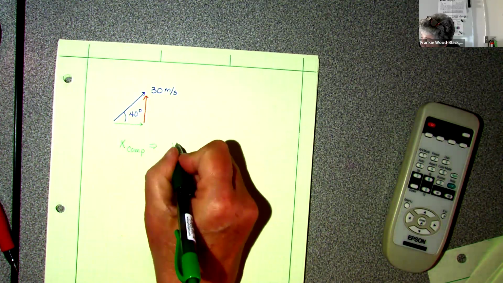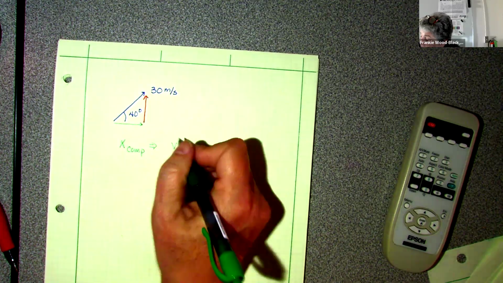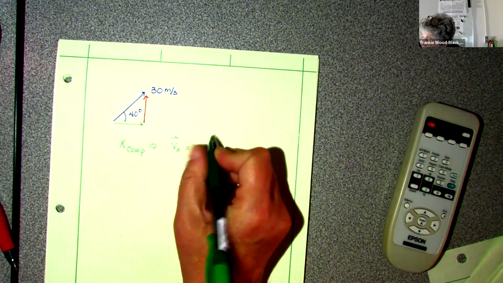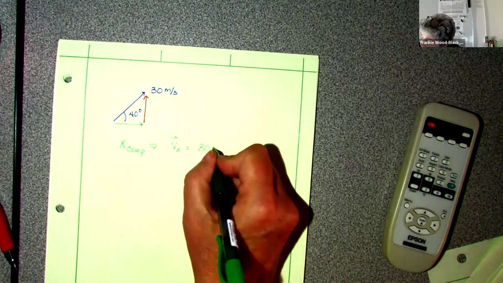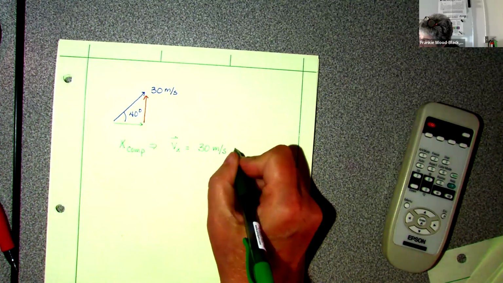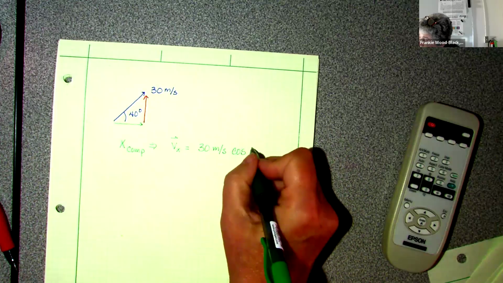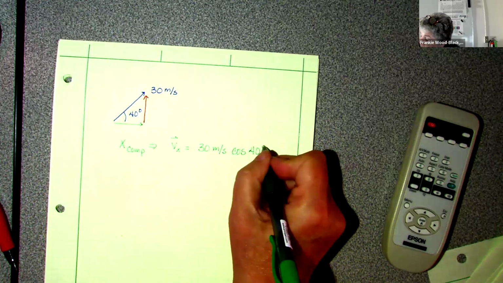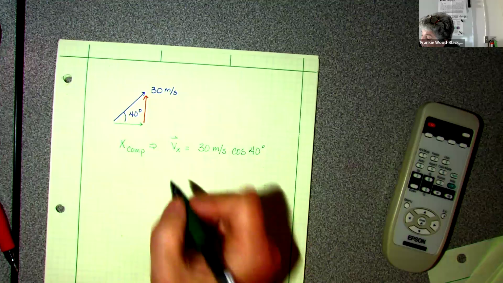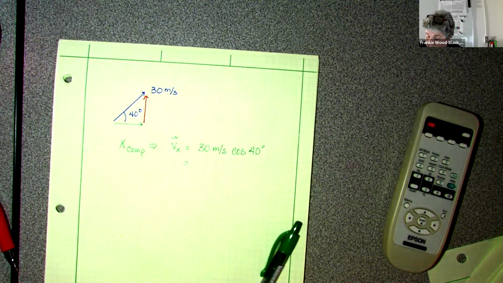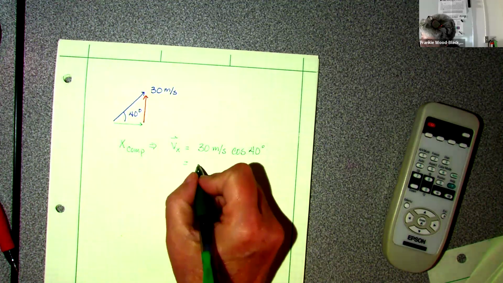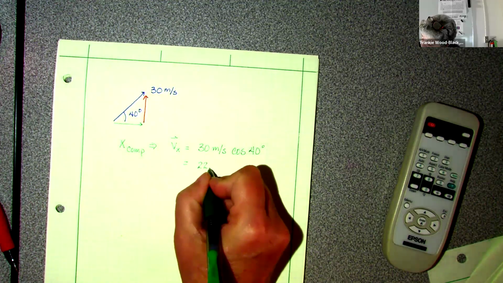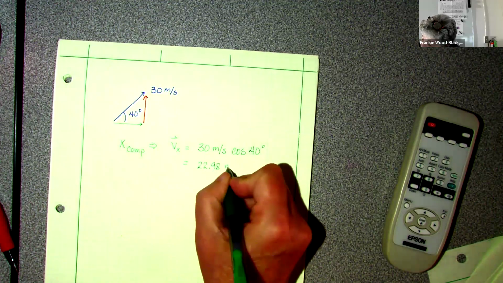My velocity in the x direction is going to be my 30 meters per second cosine of my angle. And if we plug that in, I'm going to get 22.98 meters per second.